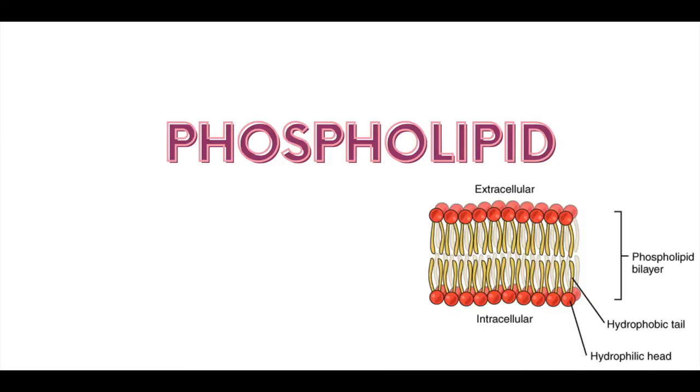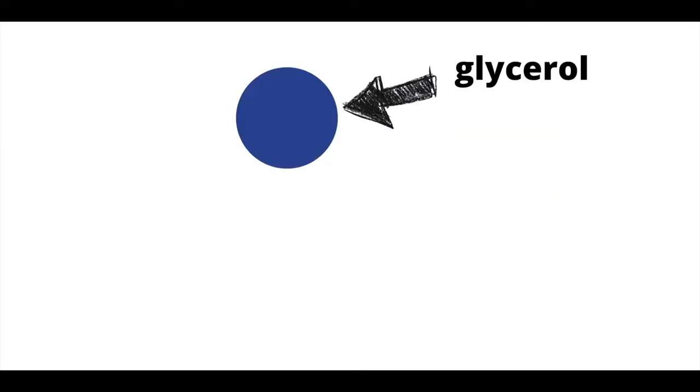Let's go ahead and move on to our second type of lipid, the phospholipid. The major thing about a phospholipid is that it has two sides to it. It has this head that is made out of glycerol, and remember that glycerol is one of the monomers that help build and construct the lipid. Attached to this glycerol is a phosphate group.